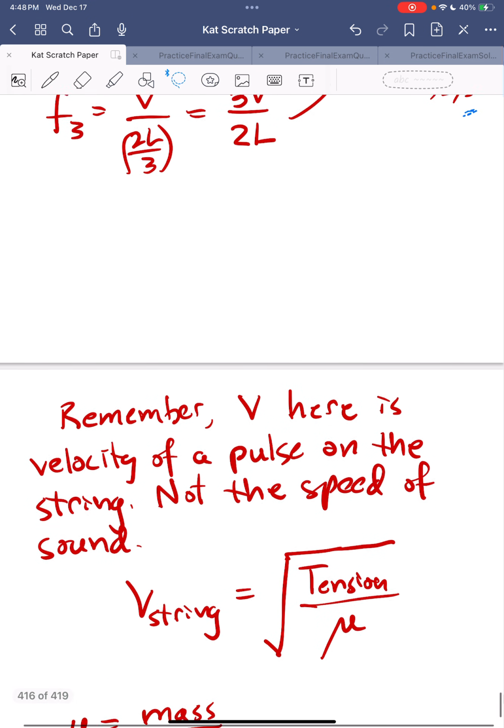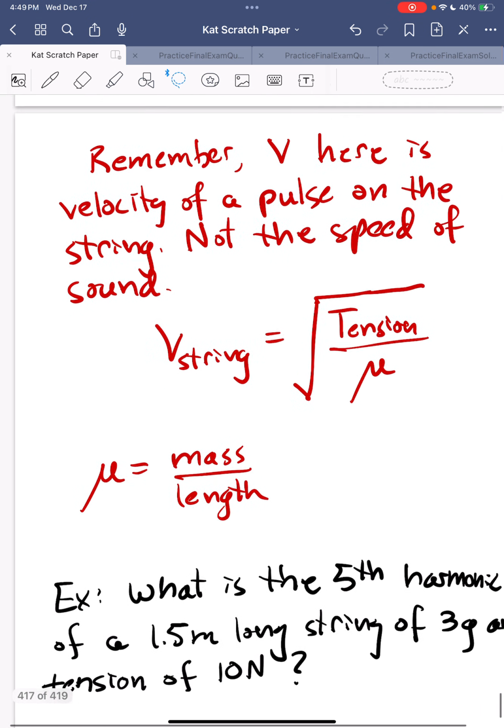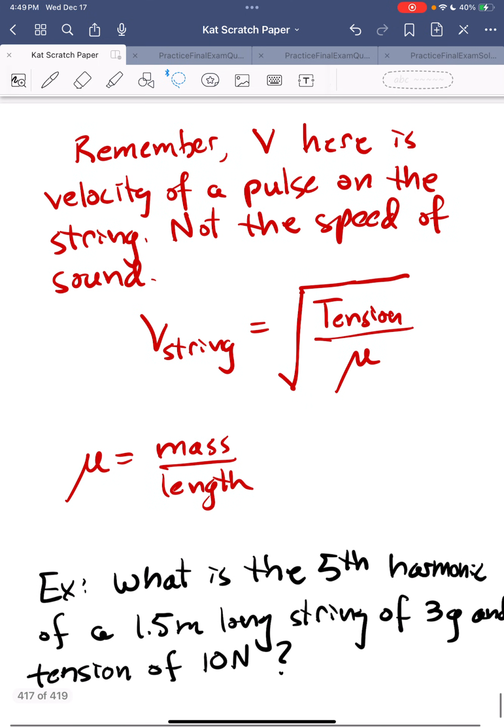You got that. Now, the other key thing to remember is that the velocity in this formula is not the velocity of the sound going through the air. It's the velocity of the wave traveling on the string. We went over this before in class, and we give you this formula on the exam: the velocity of a wave on a string is the square root of the tension divided by the mass per unit length.